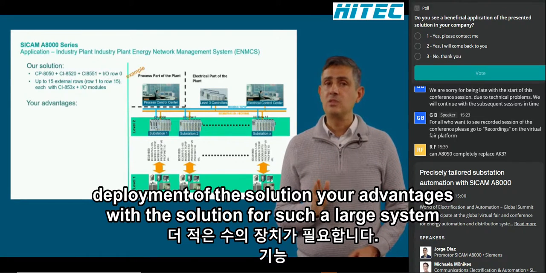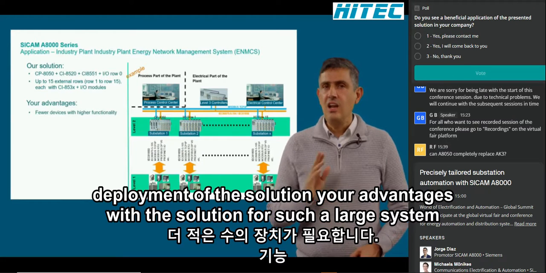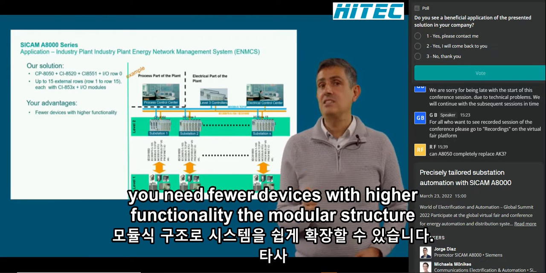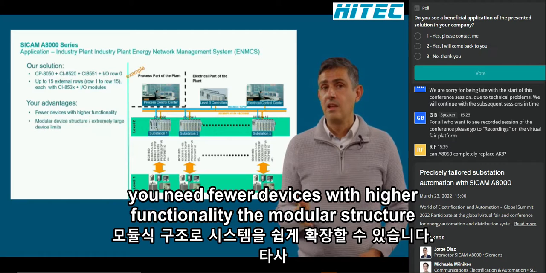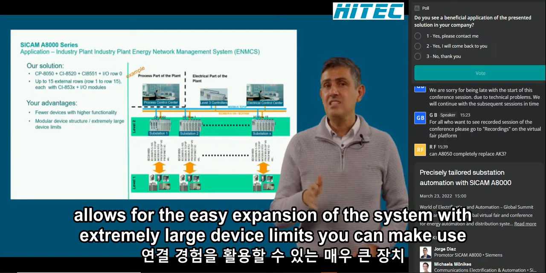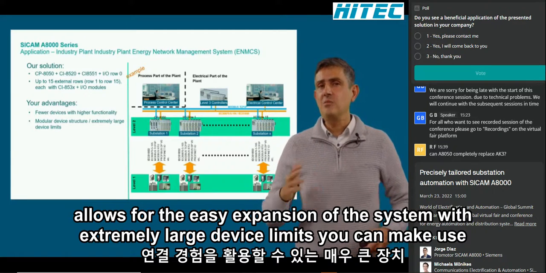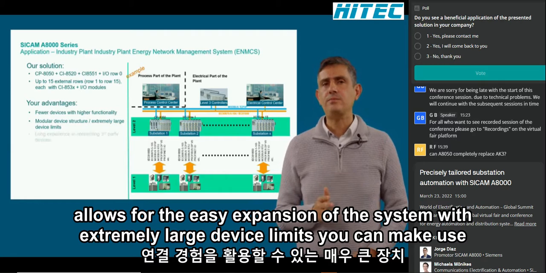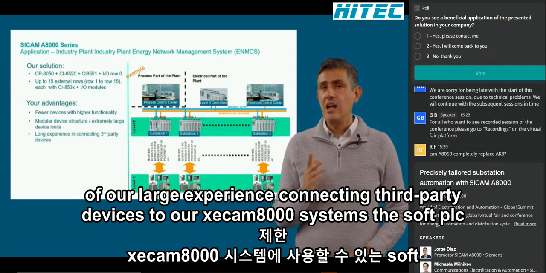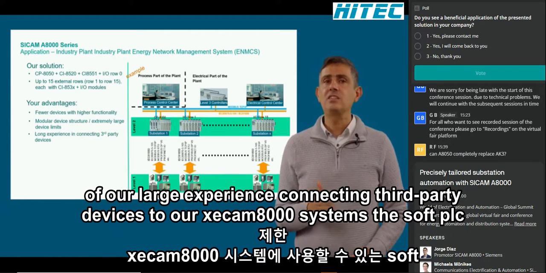Your advantages with the solution: for such a large system, you need fewer devices with higher functionality. The modular structure allows for the easy expansion of the system with extremely large device limits. You can make use of our large experience connecting third-party devices to our SICAM A8000 systems.